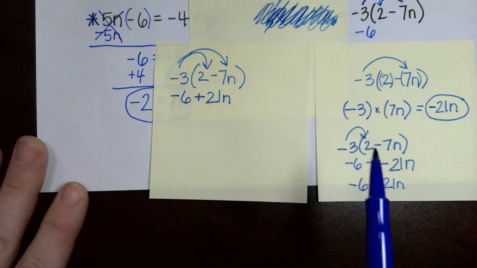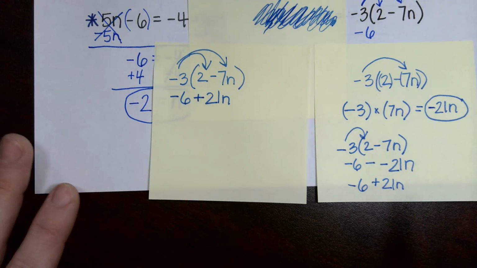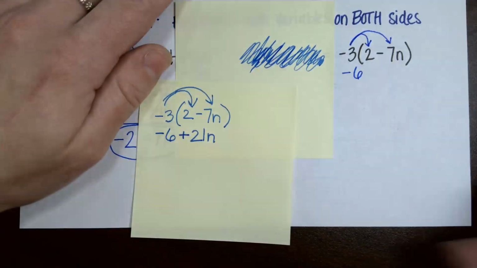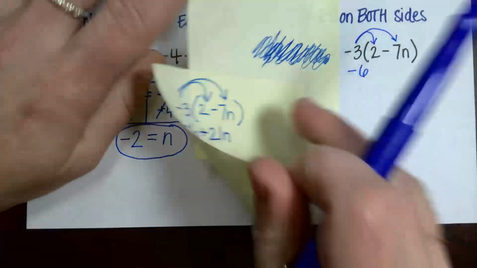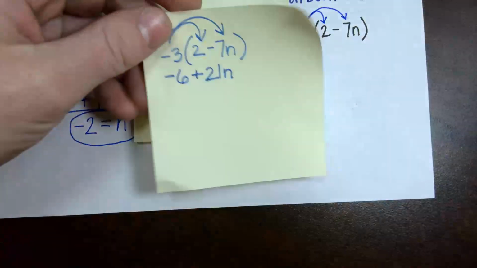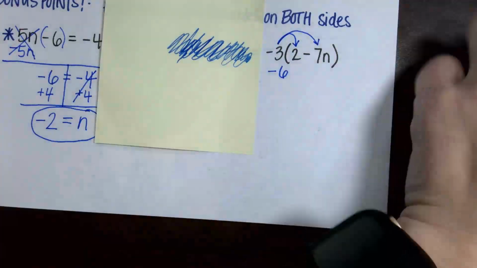Does that make sense to you guys? Yes. Okay, good. All right, so let's go back to our problem. I'm going to remove these sticky notes and we're just going to work through it like normal now. Unless, does anybody need to see these still? No. Okay. All right.